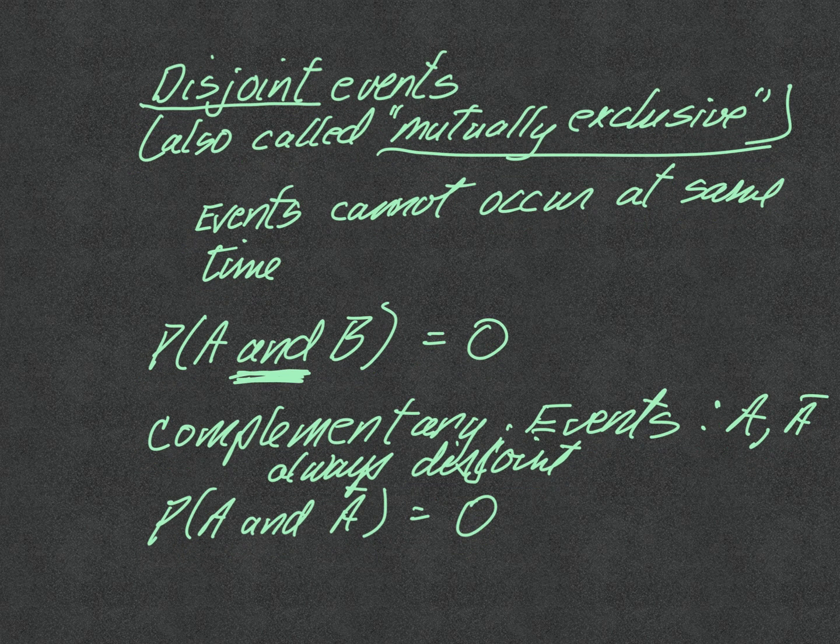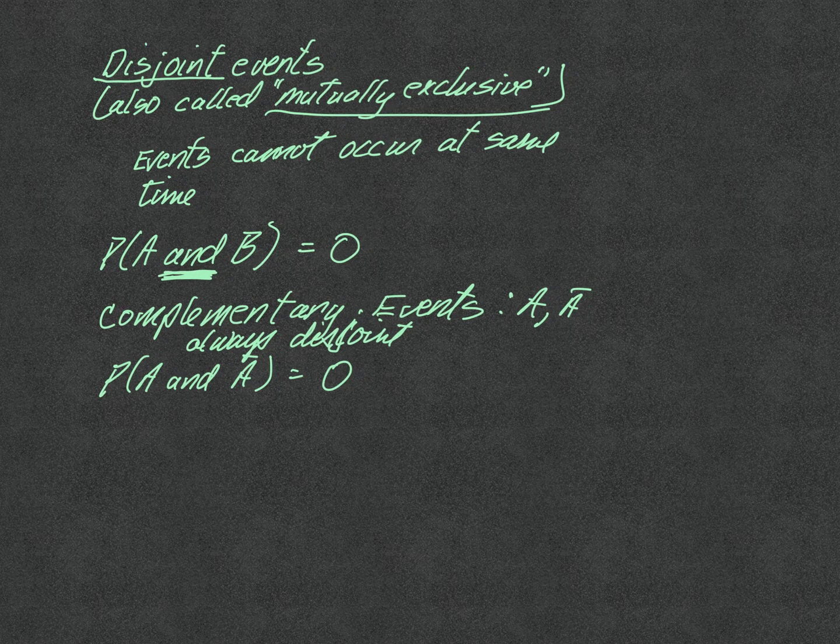But you could also say a couple other good probability statements to remember. You can say that the probability of an event plus the probability of the complement is always equal to 100% or 1.